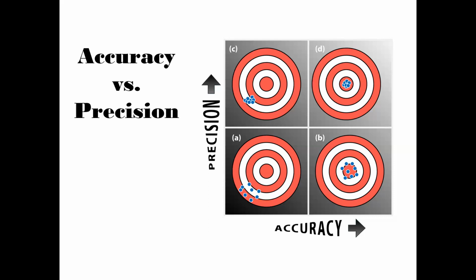Right. But they're still in the center. So they're both accurate, right? But B is not precise, whereas D is both accurate and precise. Do you see the connotation here? So let's look at what that actually means. That was just a quick little demonstration so that you can actually see it for yourself. But here's what they actually mean.